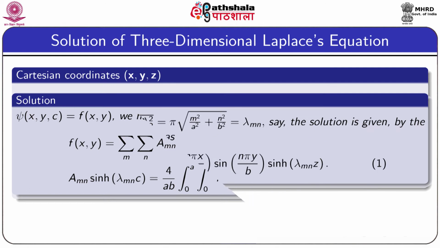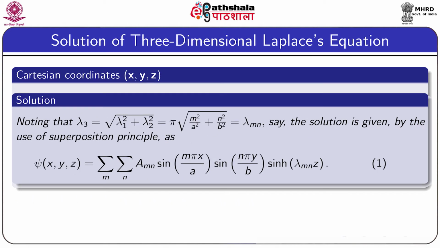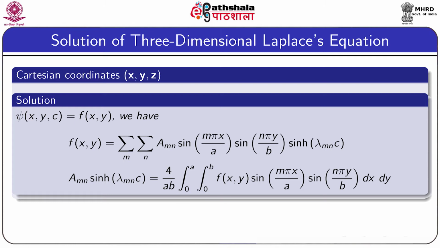Thus, the solution of our problem is psi equals the sum over m, sum over n, of A_mn sin(mπx/a) sin(nπy/b) sinh(λ_mn z), where these sums are for m equals 1 to infinity, n from 1 to infinity, and this λ_mn is given here as π times the square root of m²/a² plus n²/b², and A_mn can be determined from the relation which is given here.